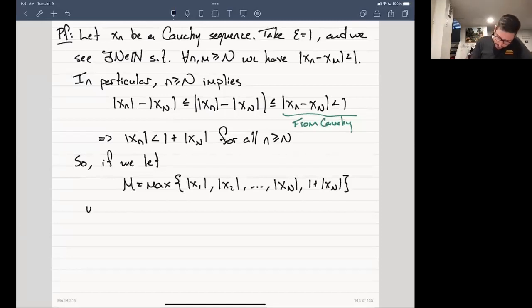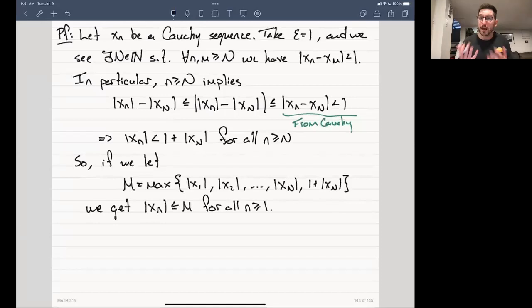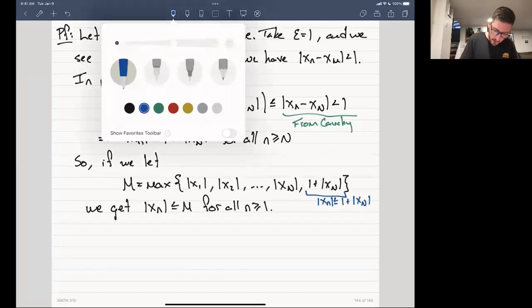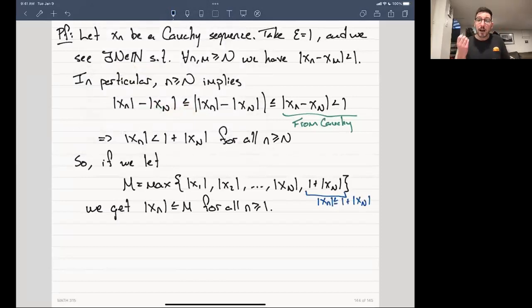We get |xn| is less than or equal to M for all n greater than or equal to 1. Now, why? Well, it's bigger than the first capital N elements because it's the maximum of those. And then this piece underlined in blue here is bigger than every single other element left over. And again, this is a maximum over finitely many elements.